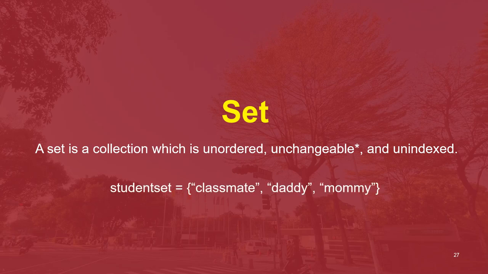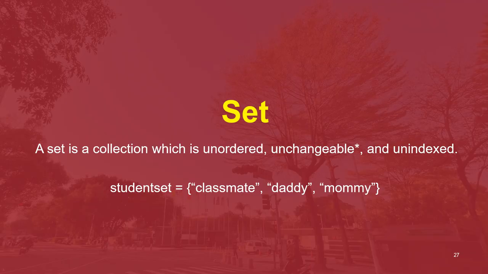For example, we can use this approach, student set, and we want to store three things. One is classmate, and the others are daddy and mommy. That is because Cheung Kong University students always use daddy and mommy on the card.